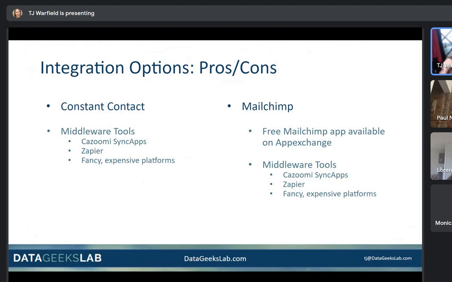With Zapier, you have to build the zaps and tell it exactly what to do for every type of behavior. And so the initial setup for Zapier is going to take a significant amount of time, depending on what you want it to do. If a new contact comes in, if a contact is edited, you have to build in, all right, I want it to do these things. And each zap might be 3 to 8 steps that you need to build.